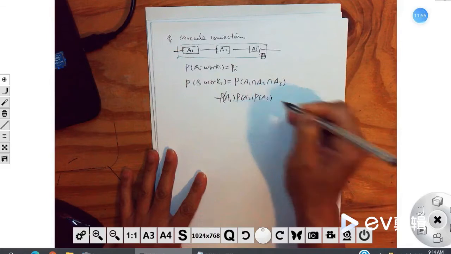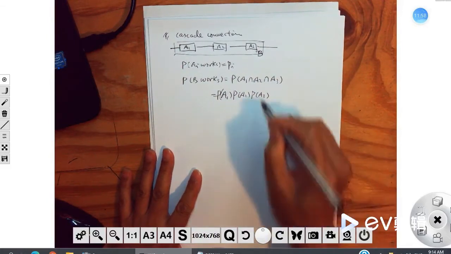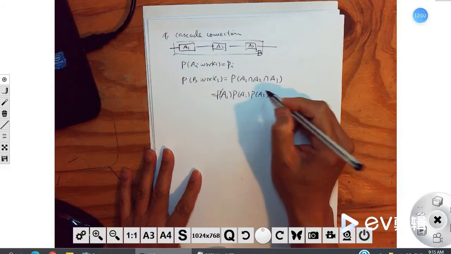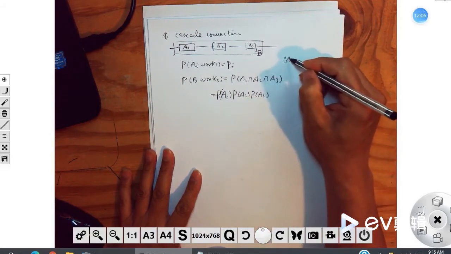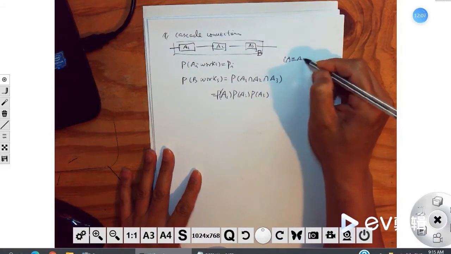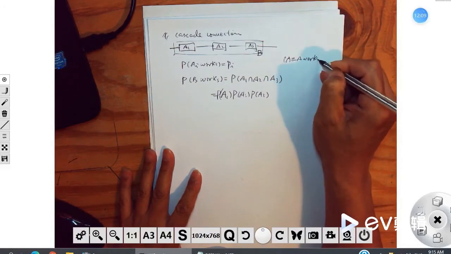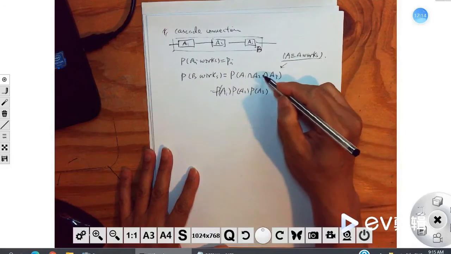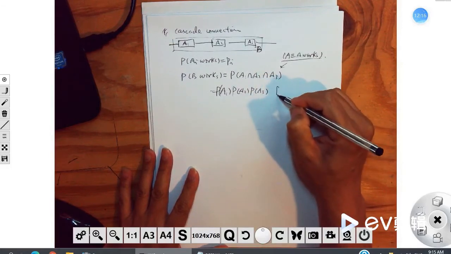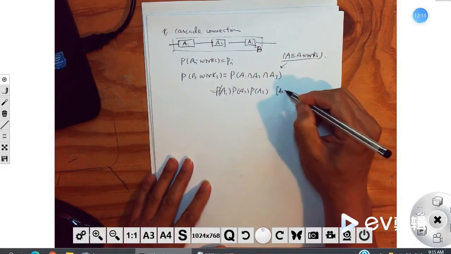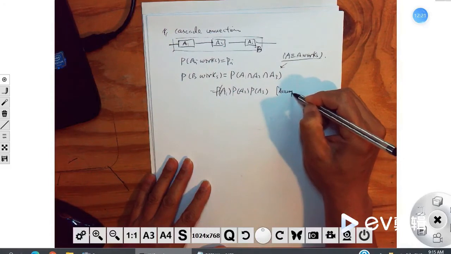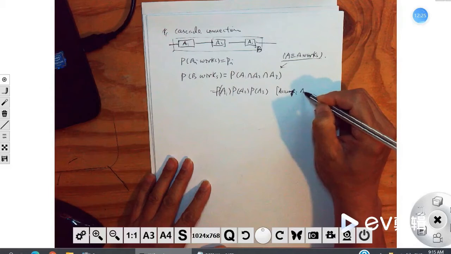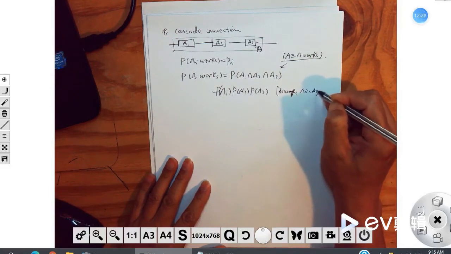Right? I write this way. I write A means it works. If it doesn't work, I put C, a complement. It doesn't work. A equal to A works. Alright, from here to here, actually, you need an assumption. Assume Ai, Aj independent.